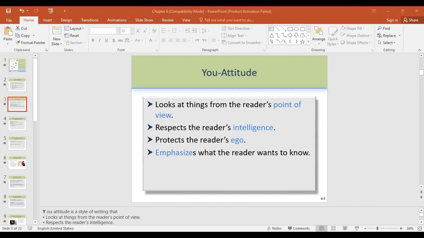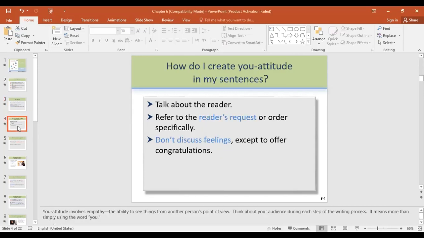So now we have this title. Please focus with me. The subject is very important. How do I create you attitude in my sentences? Talk about the reader except in negative situations.